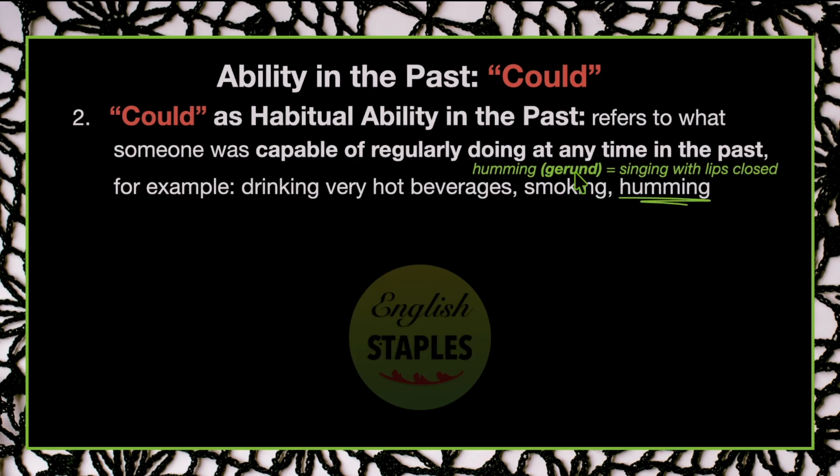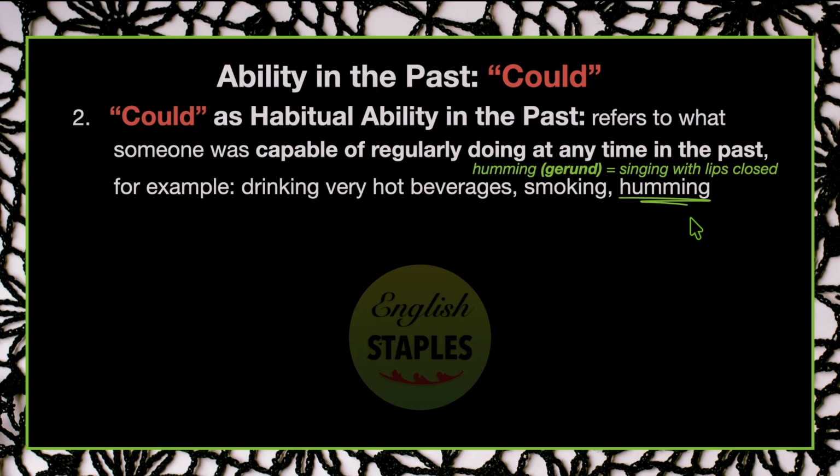Humming is a gerund, and it means singing with the lips closed. An example of humming would be like mm, mm, mm. You're not using words, but you're singing a song.